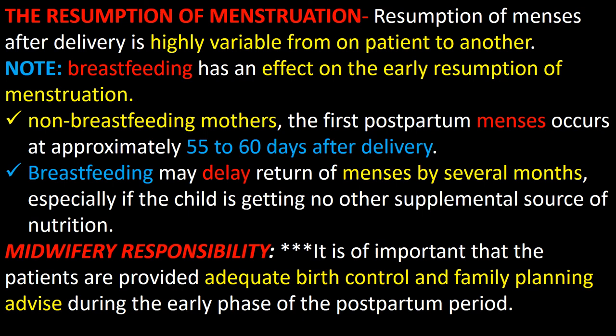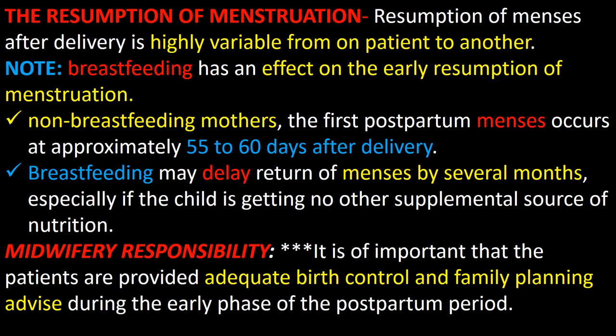However, for breastfeeding mothers, they may delay the return of their menstruation by several months, especially if the child is getting no other supplementary source of food but the breastfeed alone. Anong ibig sabihin nito? That the mother will not experience menstruation soon if she is exclusively breastfeeding.